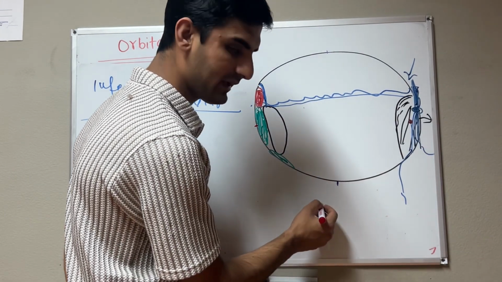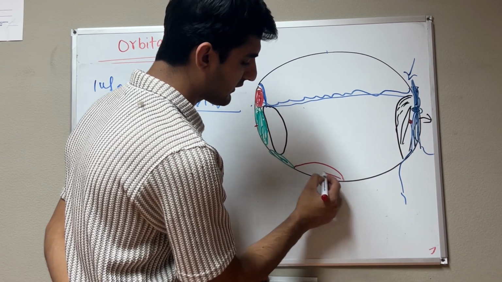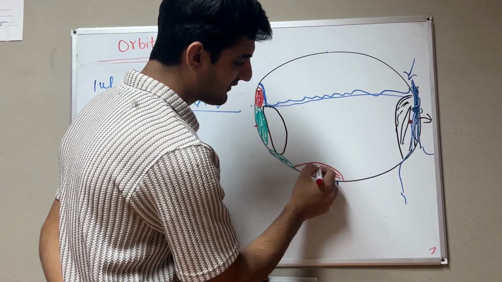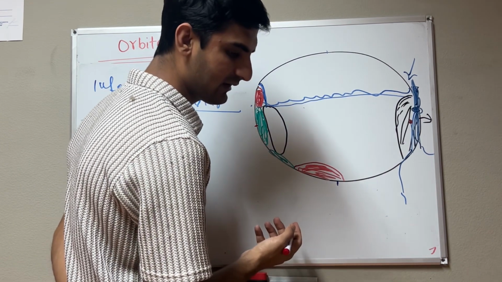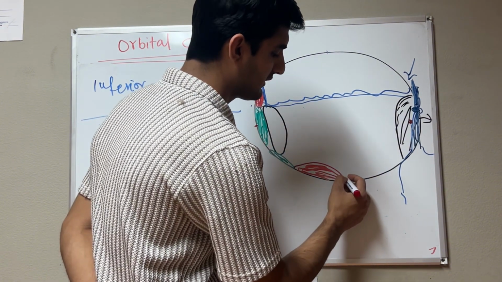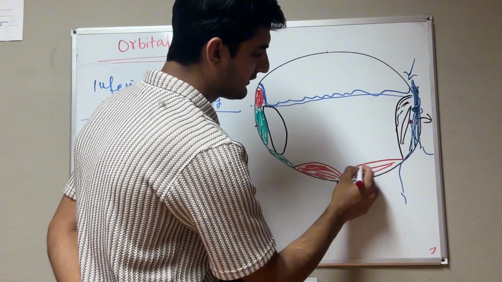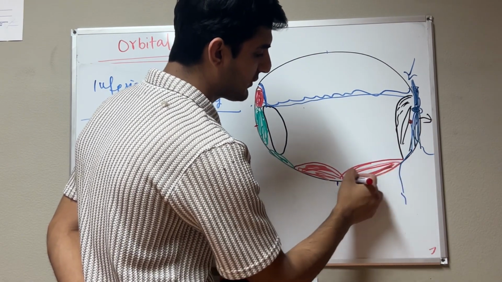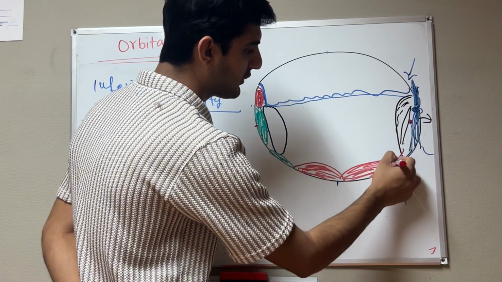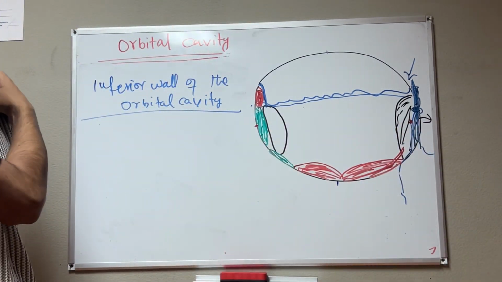Here we have the maxilla. This is the maxilla bone. Which part? Which surface? The orbital surface of the maxilla bone. Next, we have the zygomatic. Also, as I told, we have a foramen. This is the orbital surface of the zygomatic bone.